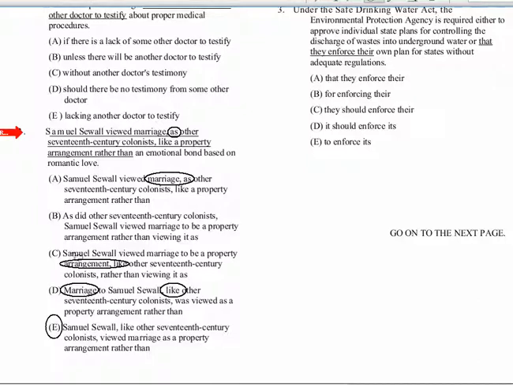So we need to choose between B and E, where the modifier is correctly placed. Samuel Sewall viewed marriage to be a property arrangement rather than viewing it as an emotional bond based on romantic love. Well, it's really a question of idiom.